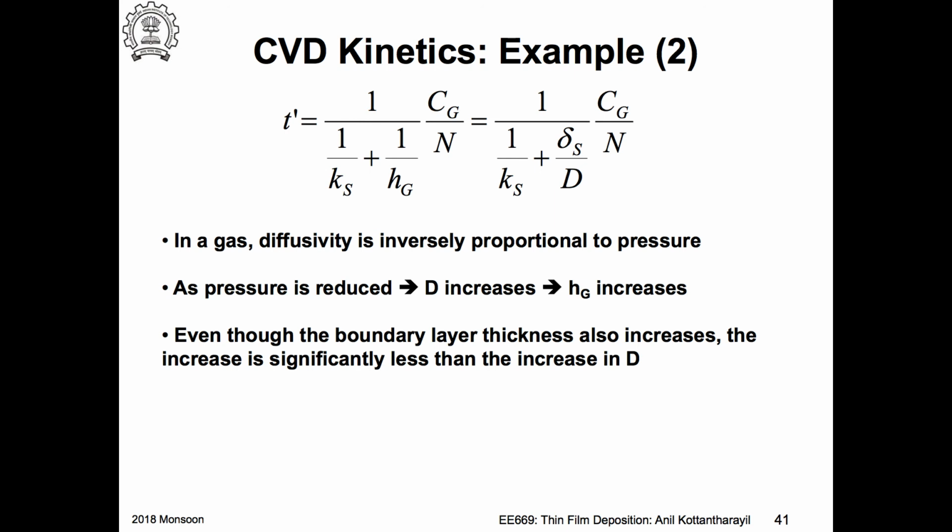Now, boundary layer thickness also changes, which you can find out from the previous equations. What was the equation for the boundary layer thickness? Square root of mu into x by rho u. So what happens when the pressure decreases?